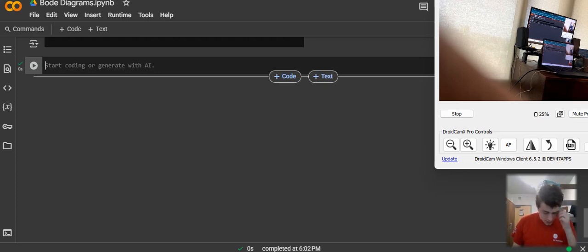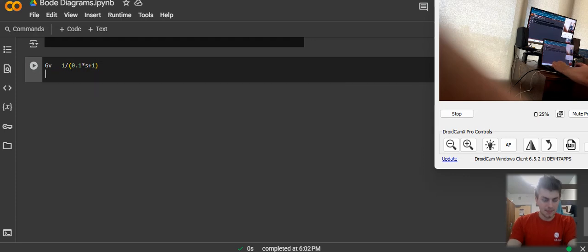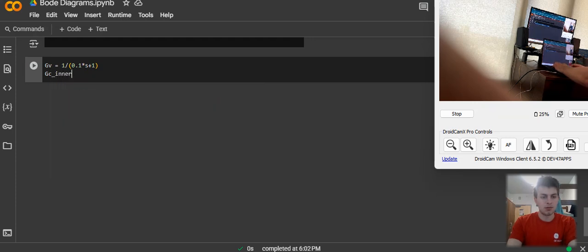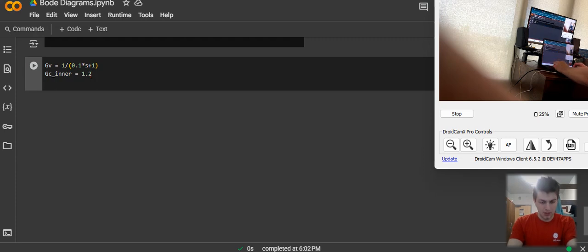Let's see. So let's start with our outer loop. Our GB is our outer loop of our process, right? We said that's going to be 1 over 0.1 times S plus 1. Similarly, we have a controller gain for our inner process here, and that's just simply a proportional controller at 1.2.